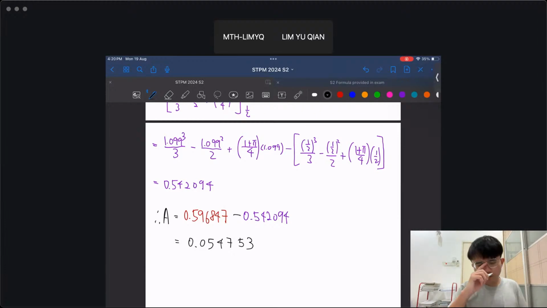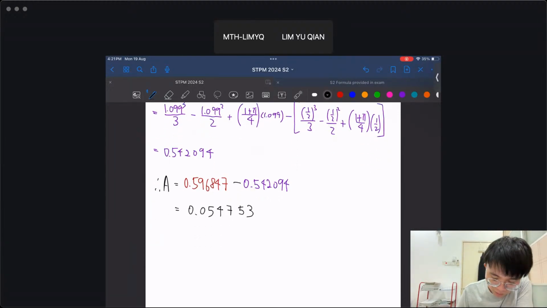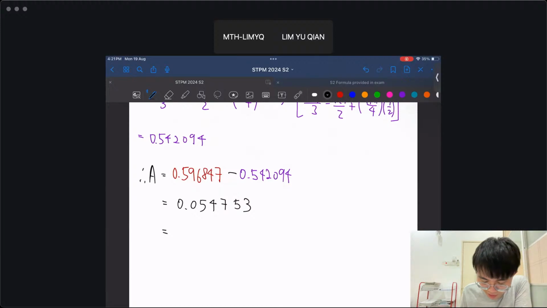If you want to give 3 dp, actually just two numbers only, so I think that's not really good. So maybe you can give 4 dp. I think 4 dp is a nice answer.